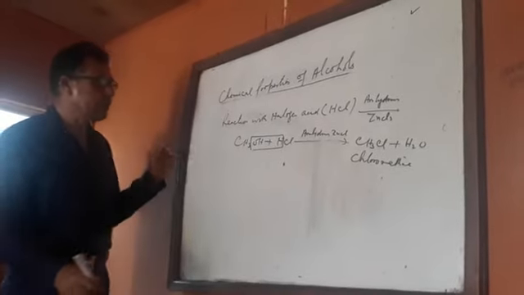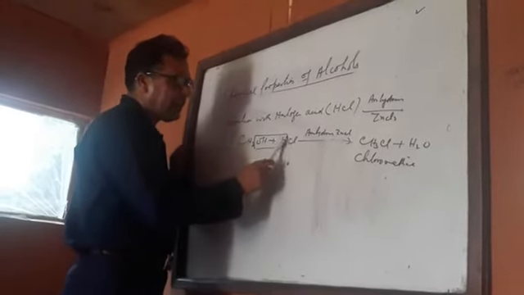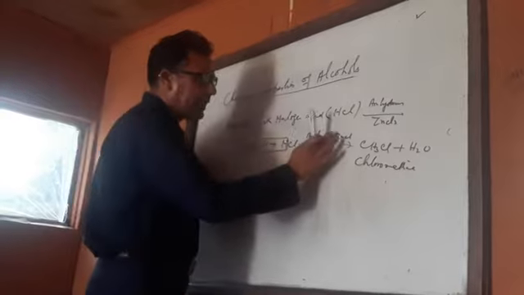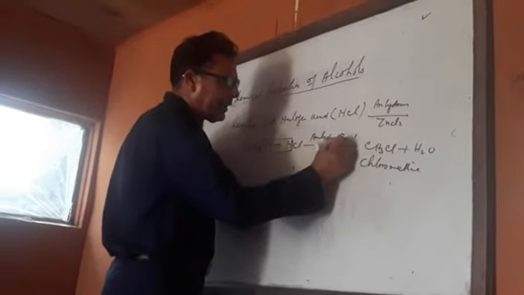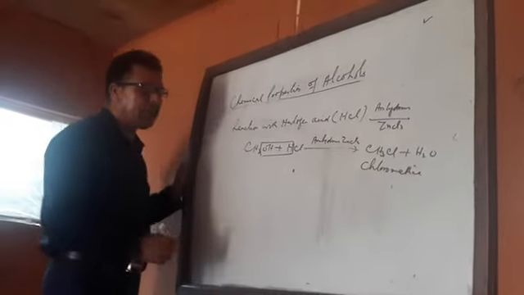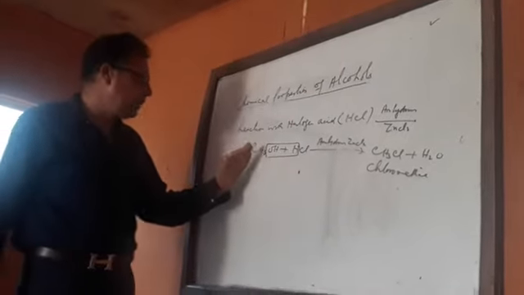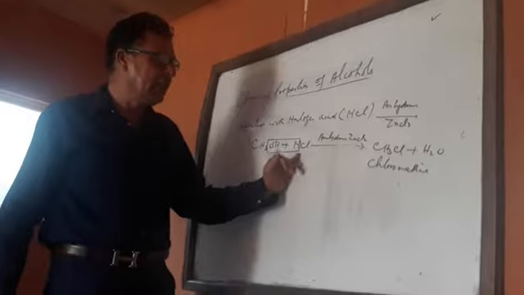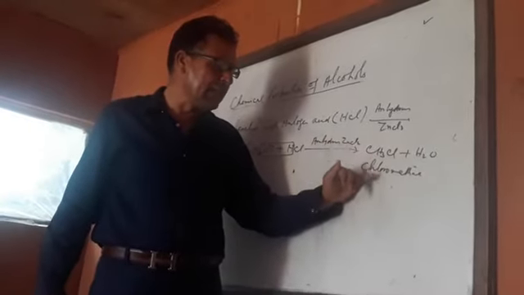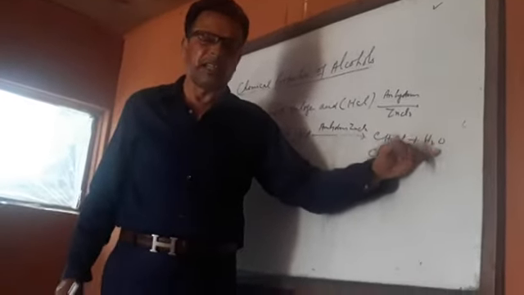Yani alcohols react with HCl in the presence of anhydrous zinc chloride to form the corresponding haloalkane. For example, methyl alcohol reacts with HCl to form chloromethane plus water.